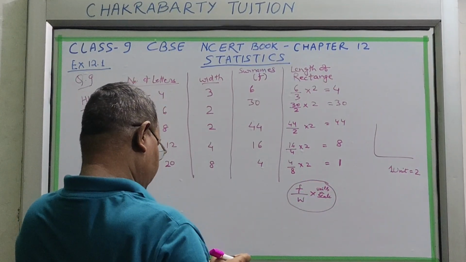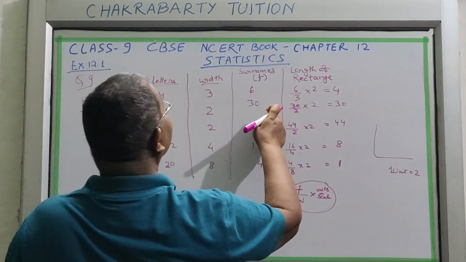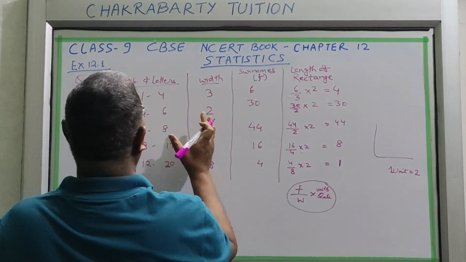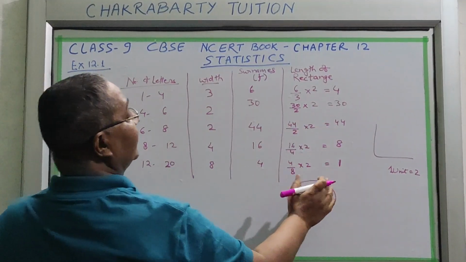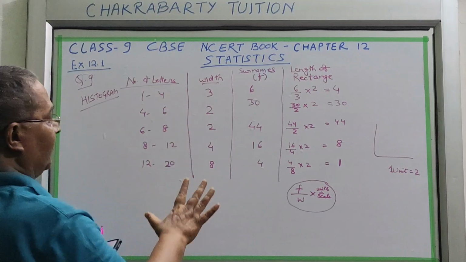Now you have to plot it in a histogram. This is what your question is going to need. This side is not relevant, only this is relevant, so I will just clean it and then make a graph. Okay, 1 minute.